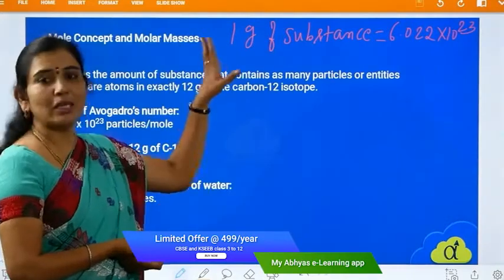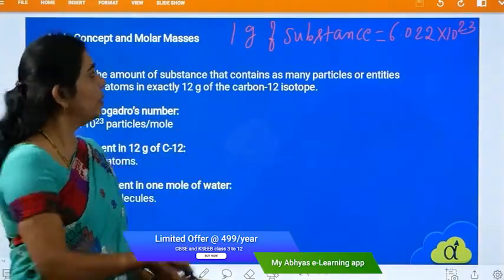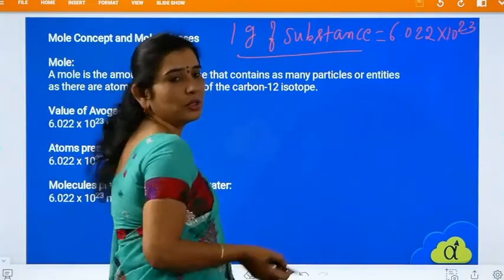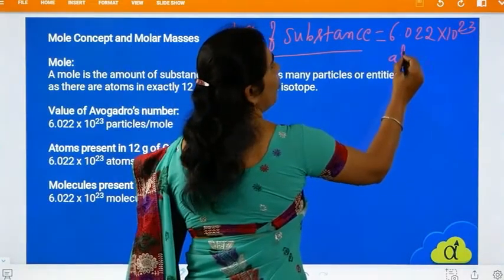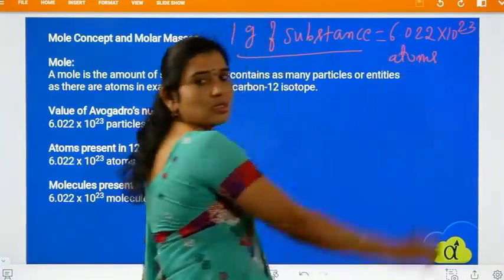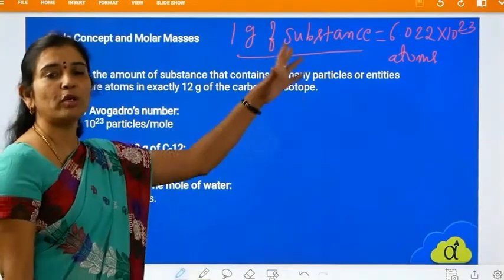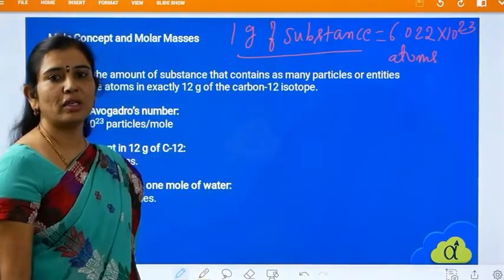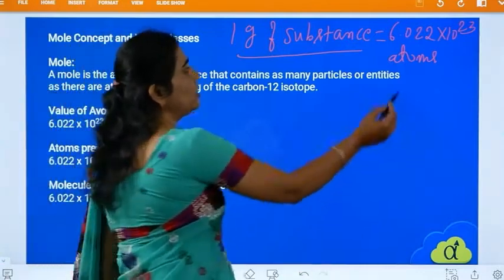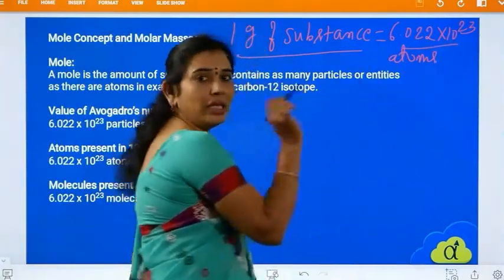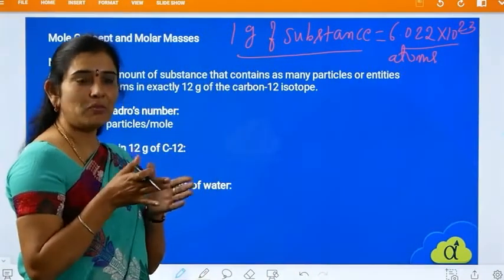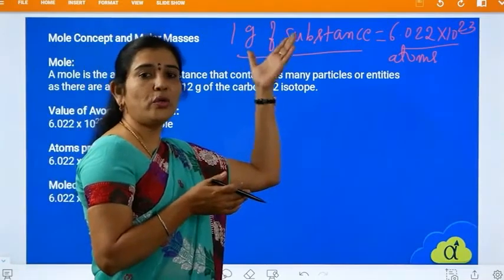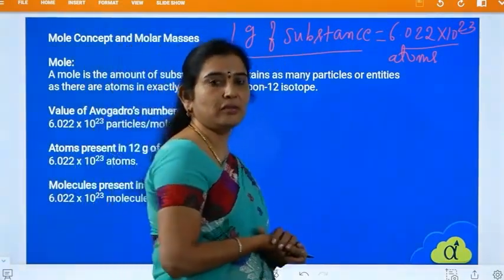Here 1 gram is the unit mass. So every unit mass of a substance contains how many atoms? 6.022 into 10 power 23 atoms. Right? So here 6.022 into 10 power 23 tells about the number of atoms present in a unit mass of a substance.